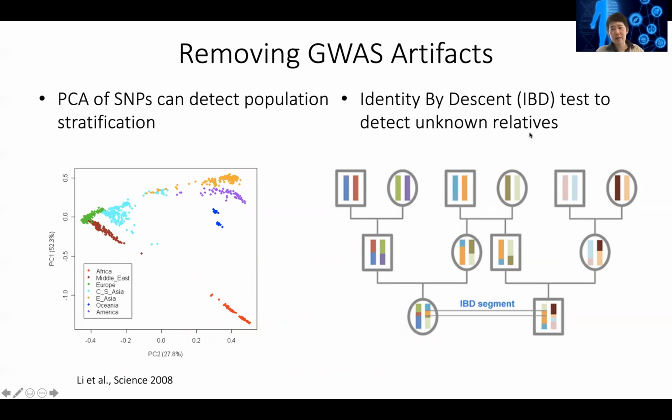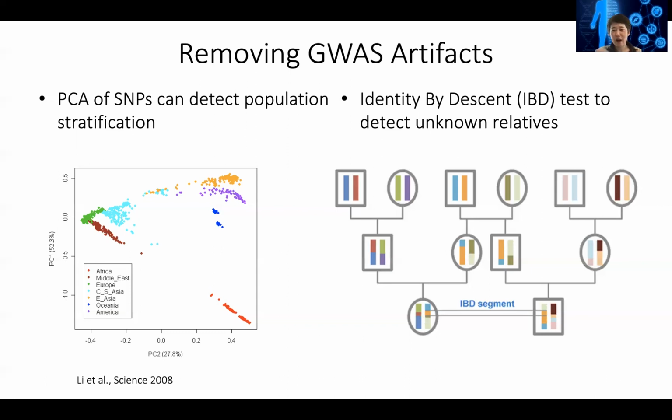Maybe you have a distant cousin in this study that you don't know, or in a case control, we don't want family structures. And so you really want unrelated family members for the case control study. There is also something called IBD, which gives you the chance that these two individuals are from the same family.